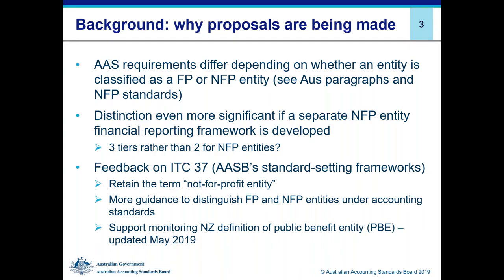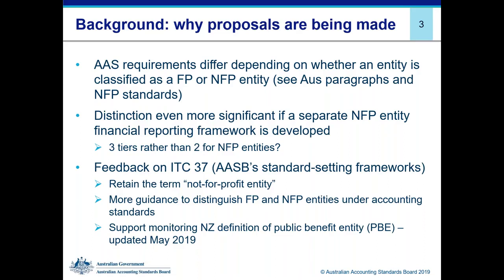We think it's important to understand why these proposals are being made by the board at this time. Firstly, there are different requirements in the Australian accounting standards for for-profit versus not-for-profit entities. Most of you will be familiar with the Oz paragraphs that appear in various standards, and these are paragraphs that modify the main requirements in respect of not-for-profit entities.